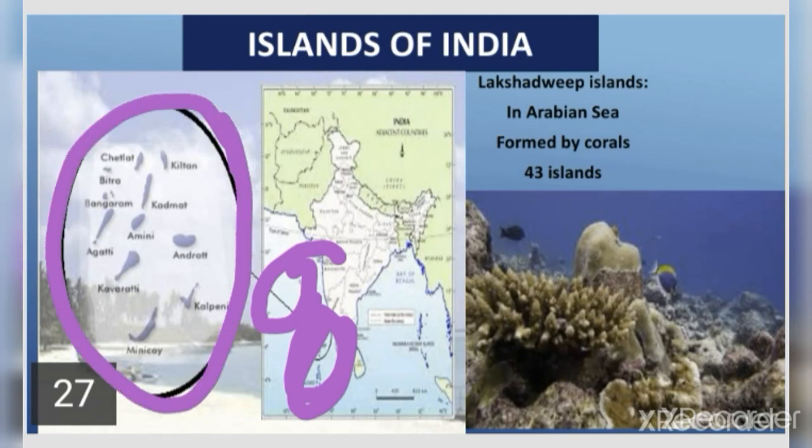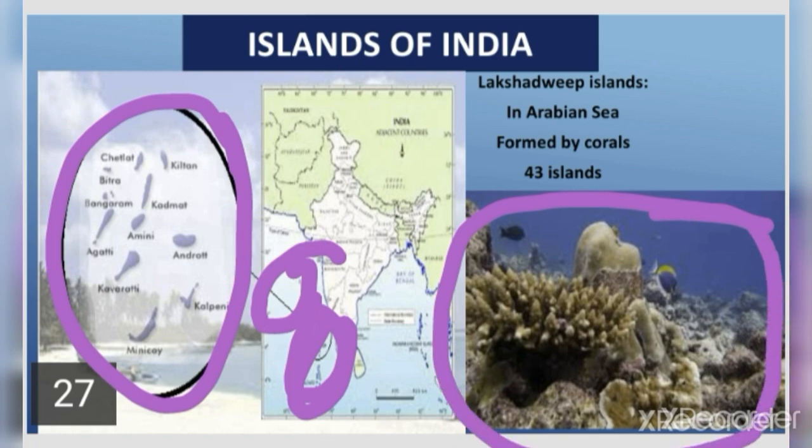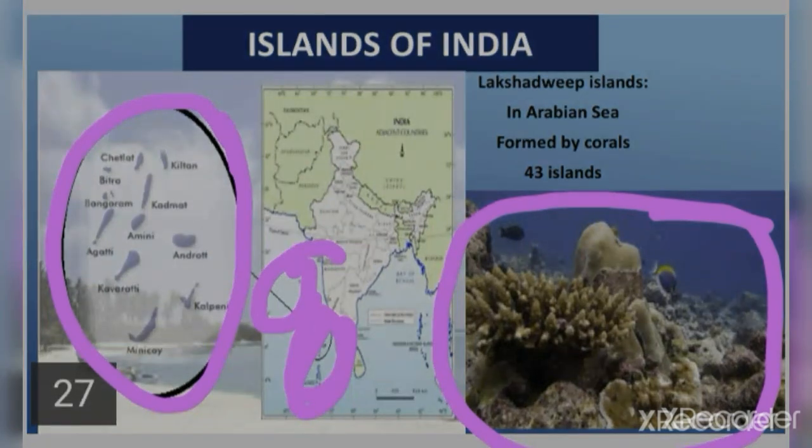Lakshadweep Island is in the Arabian Sea, formed by corals. See here, this is a picture of corals. And how many islands are there in Lakshadweep? 43 islands are there in Lakshadweep. In Andaman and Nicobar, how many islands are there? 204 islands.